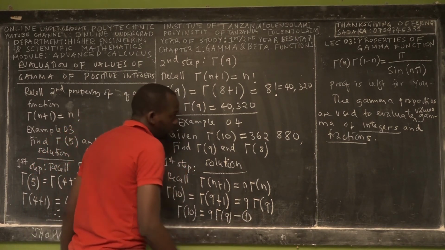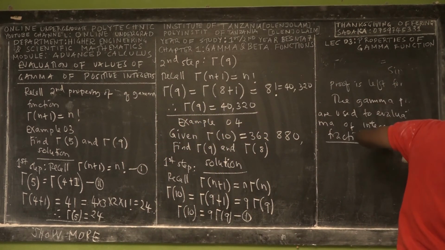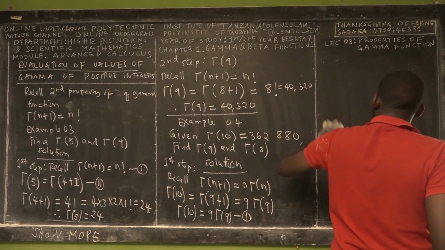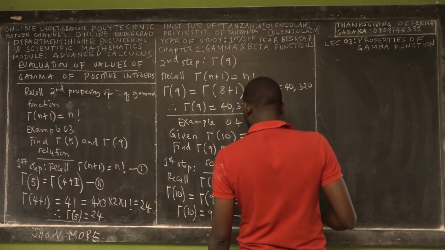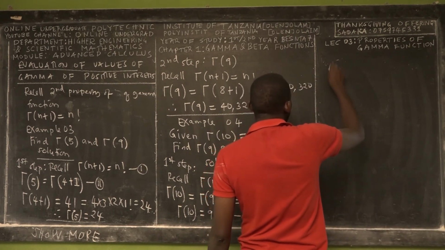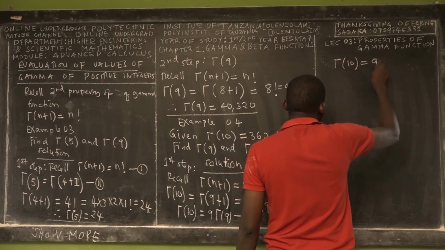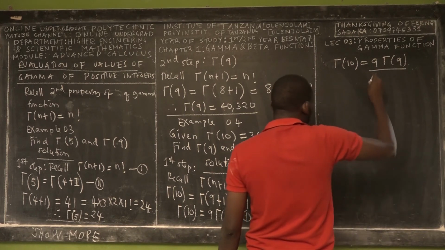And this is question 1. We go for question 2. So question 1, from equation 1, we have gamma of 10 is equal to 9 gamma of 9. So we are looking at gamma of 9.